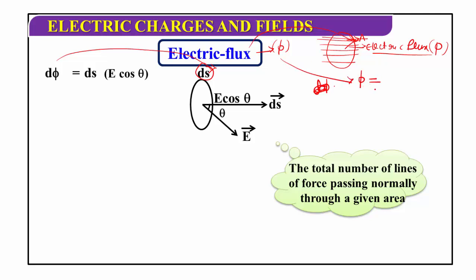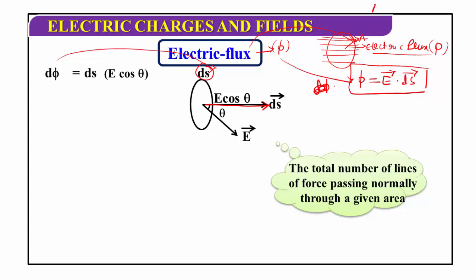E is the component of electric field along the normal of the surface and area element.